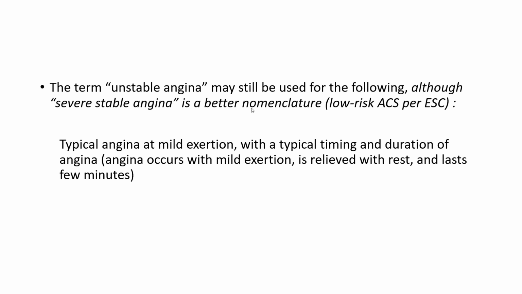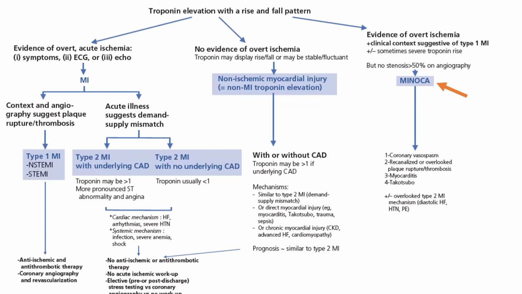Severe stable angina is a better nomenclature, and another term used in the ESC guidelines is low-risk ACS for those patients. Now, I've described the 4 types of major myocardial injury, and I've described unstable angina and the near death of that term.